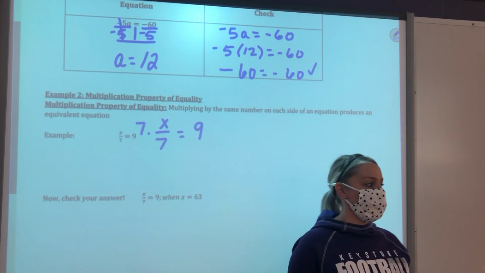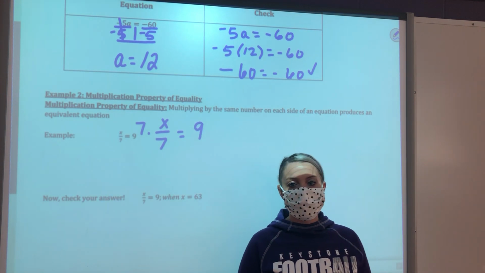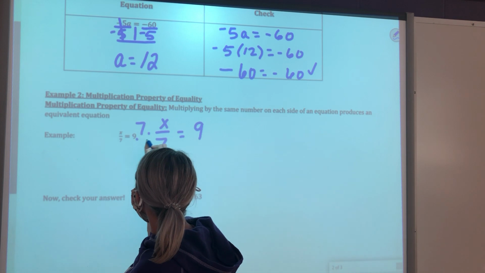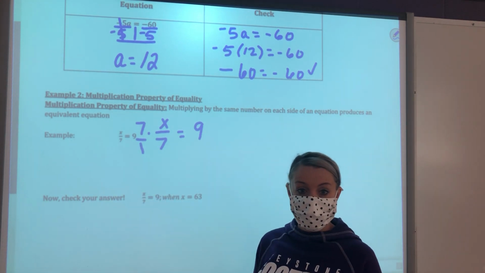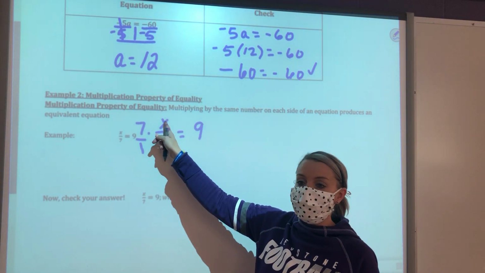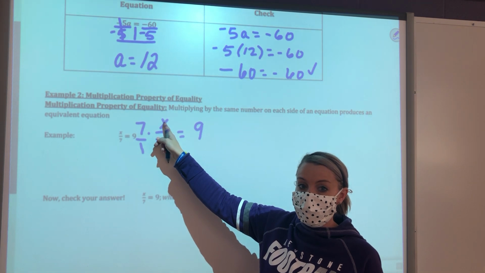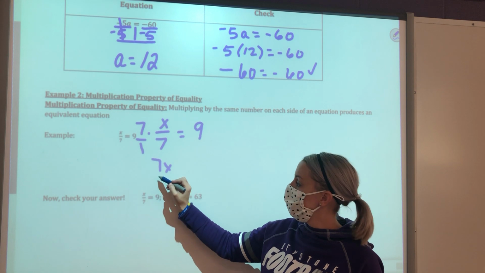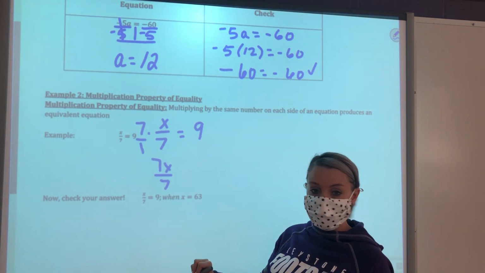Okay, make it an improper fraction. How do I make 7 improper? Put it under 1. Very good. So put a 1 underneath it. So 7 times x is 7x. 1 times 7 is 7.